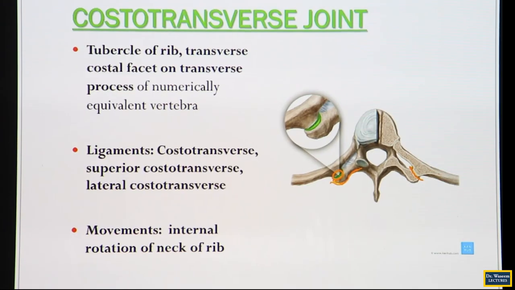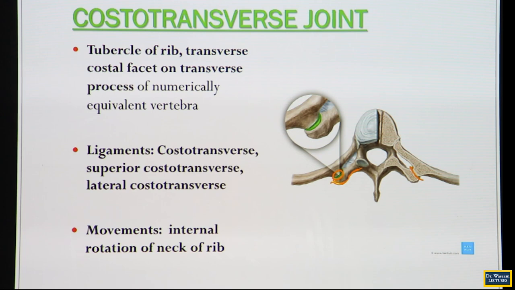You can identify a thoracic vertebra by just looking at the tip of the transverse process. If it has a facet for articulation of the tubercle of the rib, to form the costotransverse joint, you will call this the thoracic vertebra. This cannot be any other vertebra except thoracic when its transverse process has a facet here.